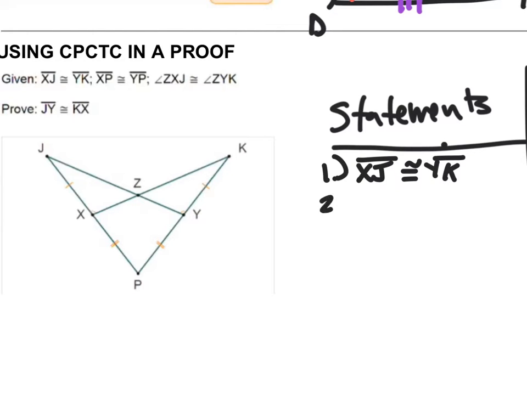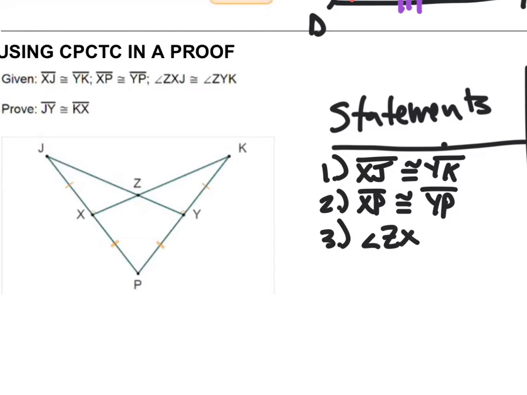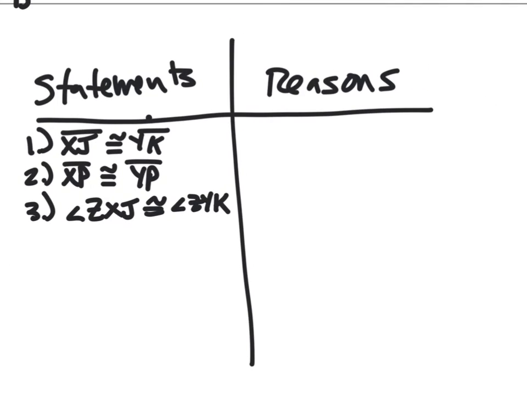Statement two is that XP is congruent to YP. And the third statement is that angle ZXJ is congruent to angle ZYK. All three of those are given to us.